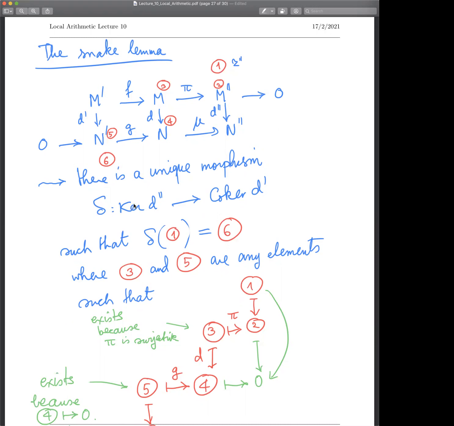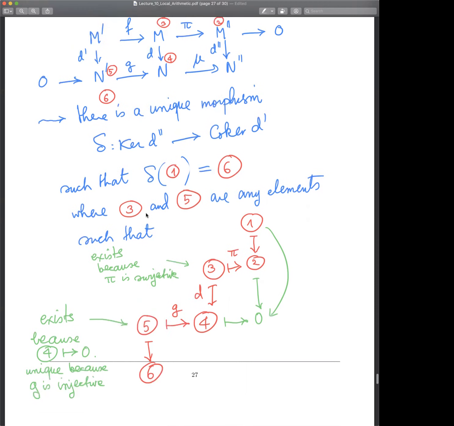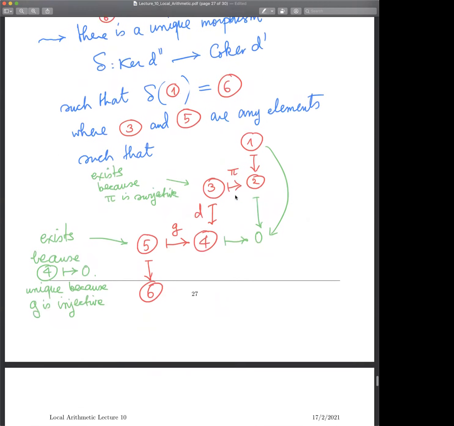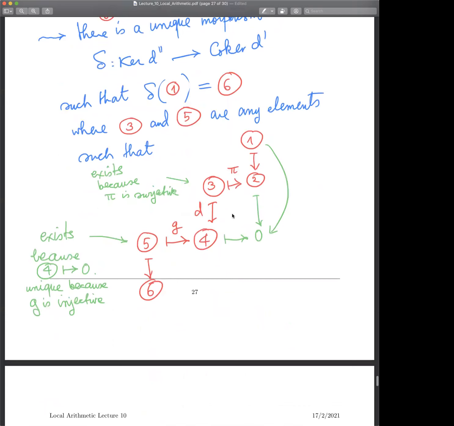And therefore, at least I can define this map from the kernel of D double prime to the co-kernel of D prime, which sends 1 to 6. I've defined a map where 3 and 5 are elements having these properties, as I did. So why does 3 exist? Because pi is surjective. Why does 5 exist?